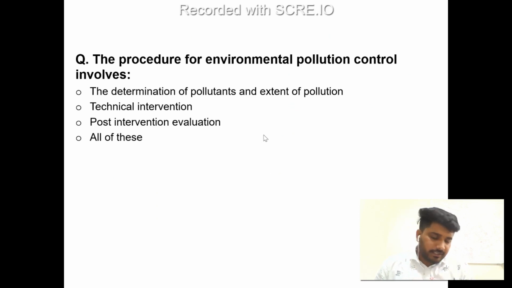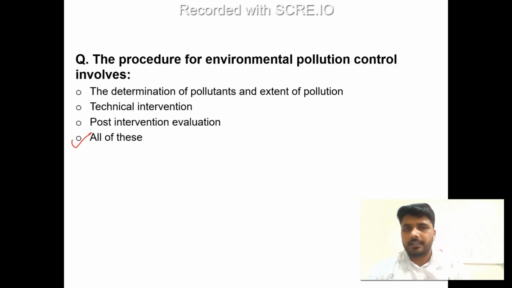In the technical intervention, you can see which methods are available for determination of these pollutants, and after their quantification comes the post intervention evaluation. All of these can be included in the procedure for environmental pollution control.